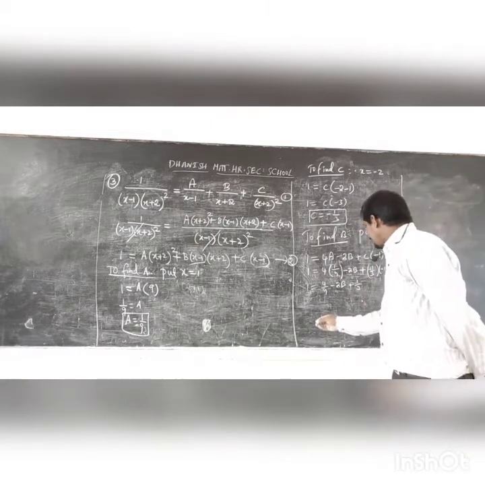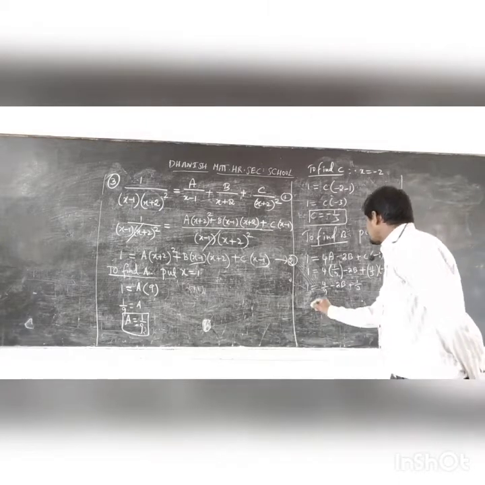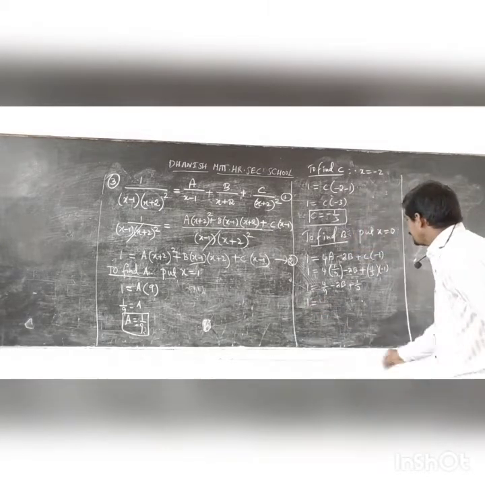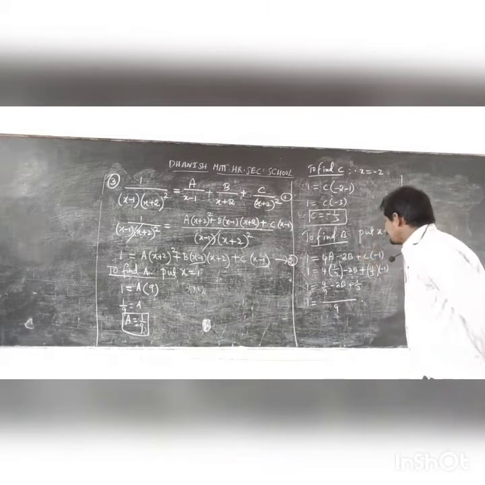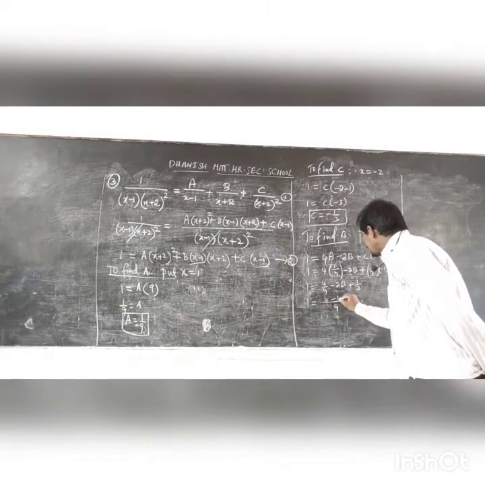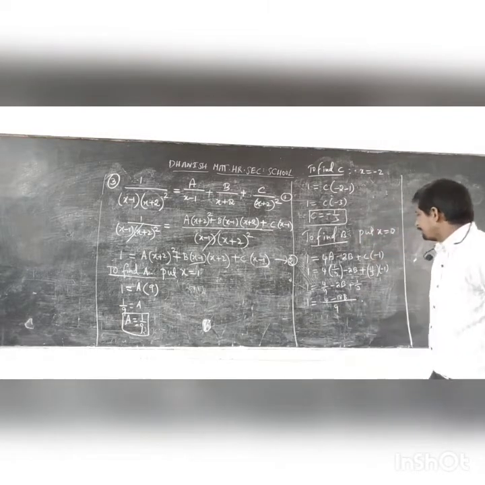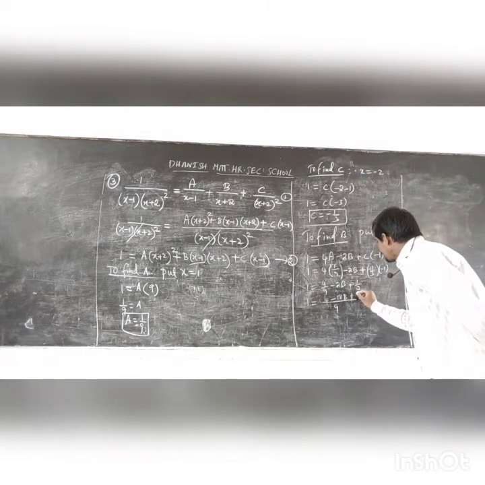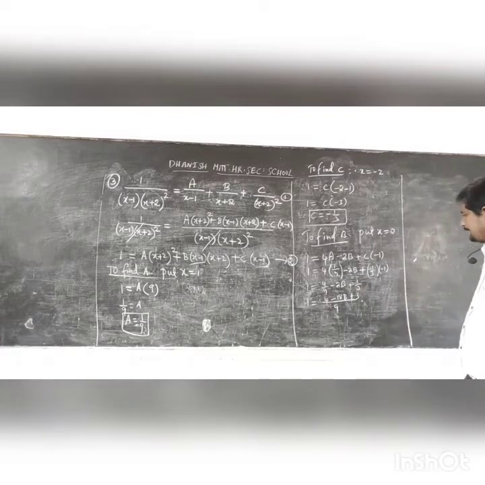Now we can take the LCM as 9. So what will happen? 4 minus 18b plus 3. Am I right?